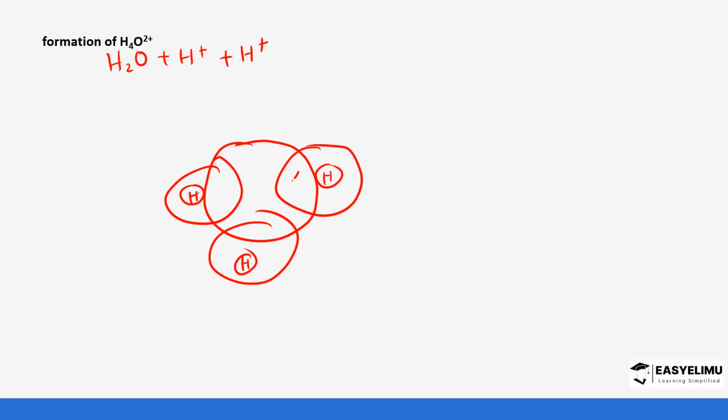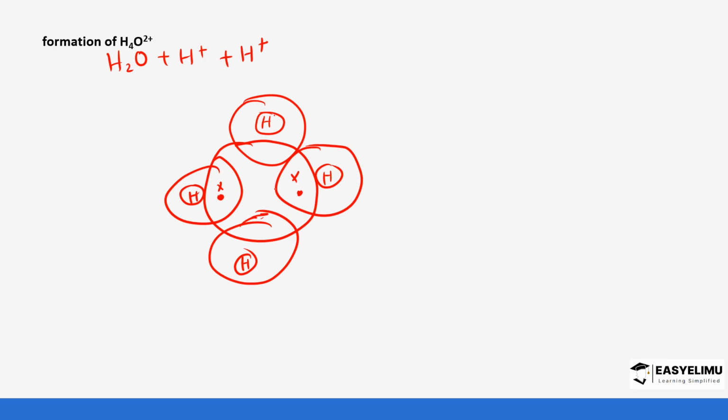So it's like that, the hydronium ion. It's like that, this ion. So the 2 hydrogens come from the water, but we have 2 empty hydrogens.